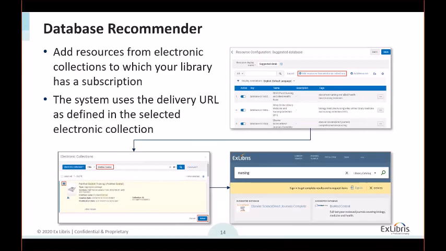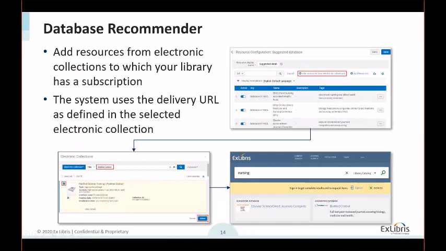In this screenshot, you can see that in the resource recommender configuration for the subject suggested database, we have a view of add resources from electronic collections, which allows you to search in Alma for all the available collections that are activated for your institution. After the search, you can select the relevant databases and add them to the list.